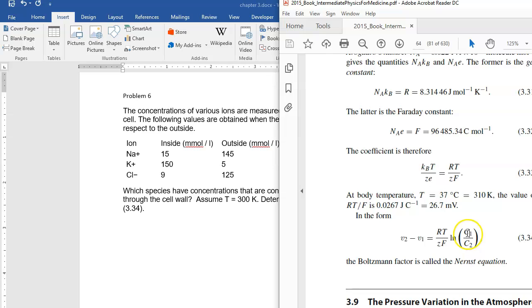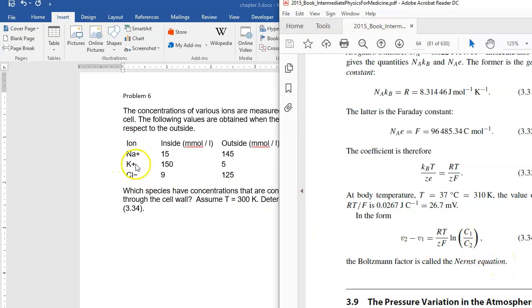And this again, inside to outside. Well, log of 145 over 15 is positive, and so for sodium, we've got this is negative, and everything over here is positive. So clearly, sodium can't pass through the membrane freely, right?